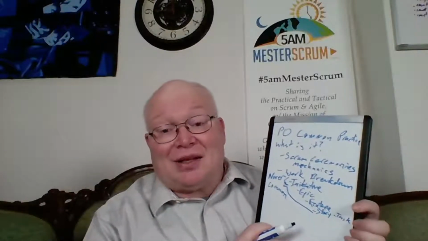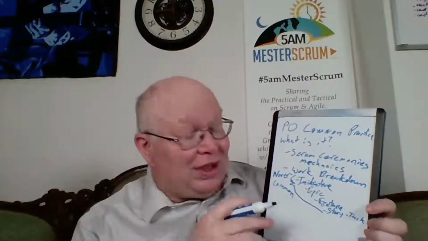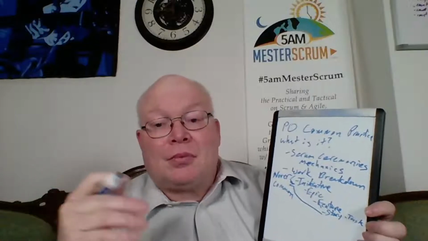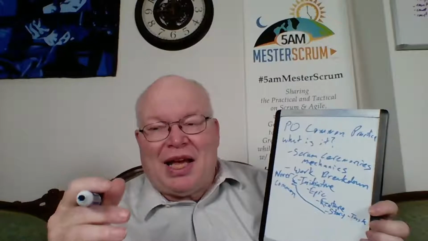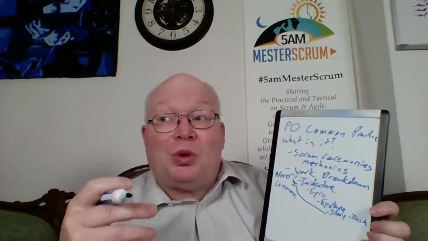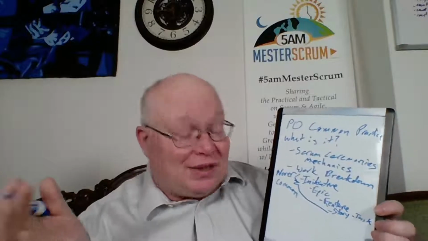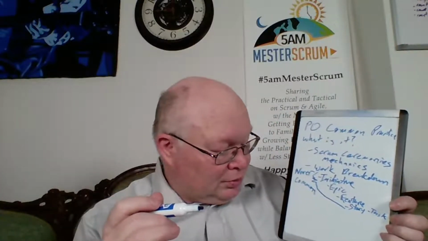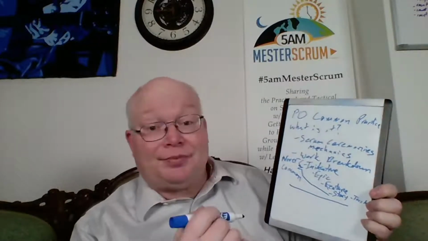It's just something to help you train your mind in how to do it. But to say that a story is not a story if it doesn't have those three things in it, I don't know necessarily that's true. I'm not a big believer in that. I'm a believer in doing it to get better at what should be in the story. If that makes sense to you. So that's the common practice.